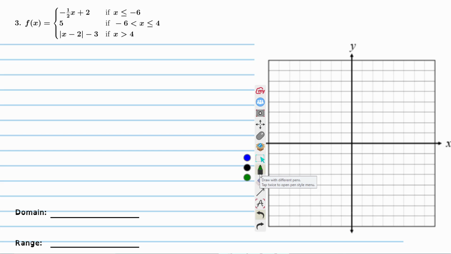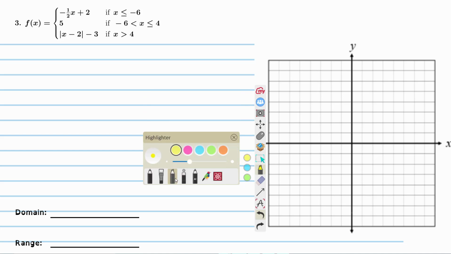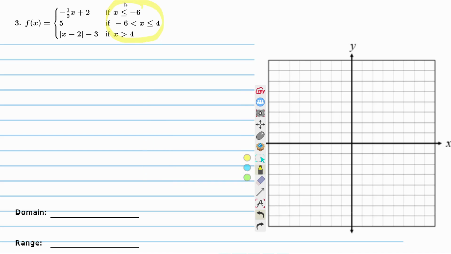I've got 3 different things this time. So I'm going to have, instead of just one wall, 3 walls, or 2 walls, 3 sections. So -6 is my first wall. My second wall is at 4.